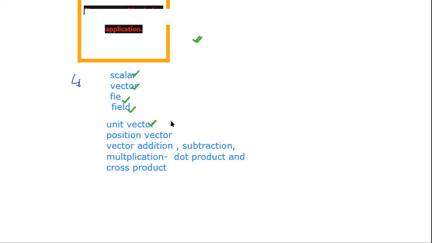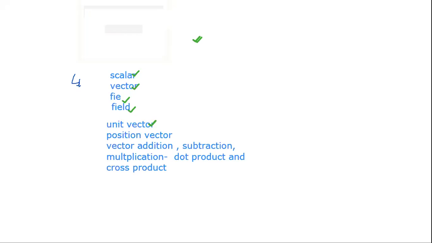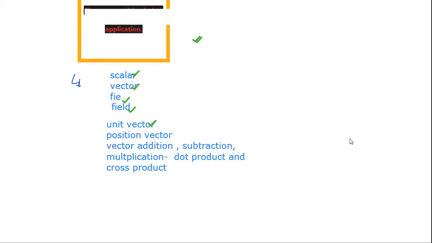The vector representation may be A bar equals Ax into ax, Ay into ay, Az into az, where the magnitude of that vector is the square root of Ax square plus Ay square plus Az square, right?